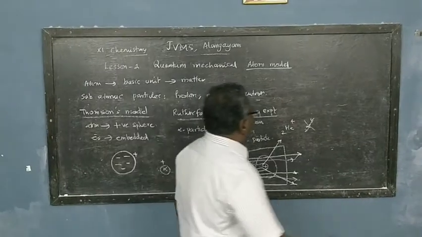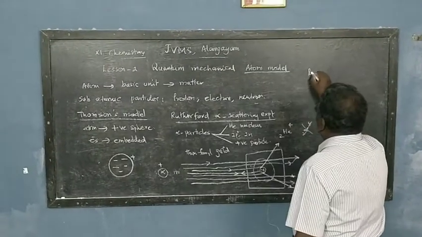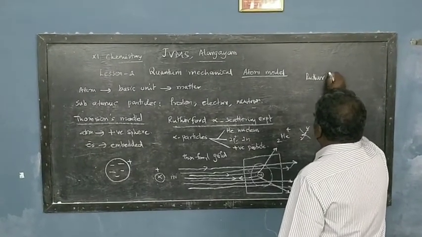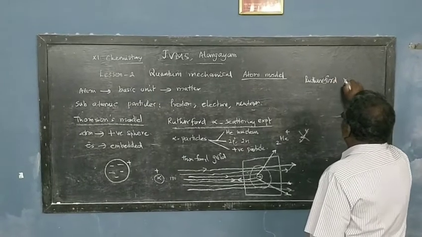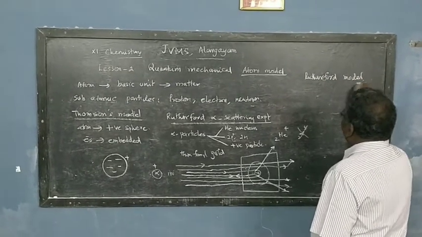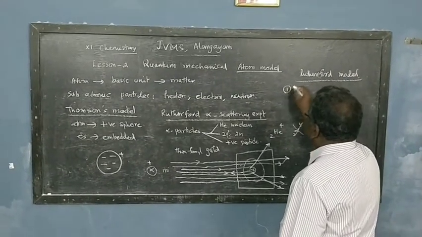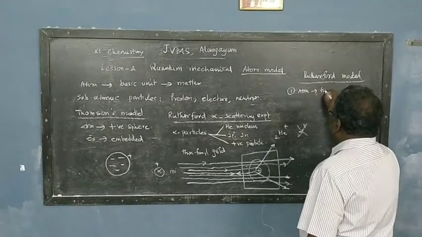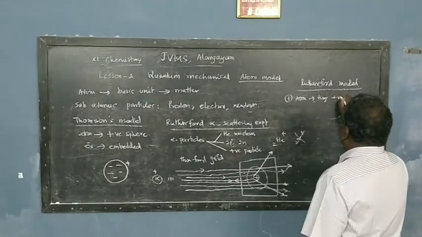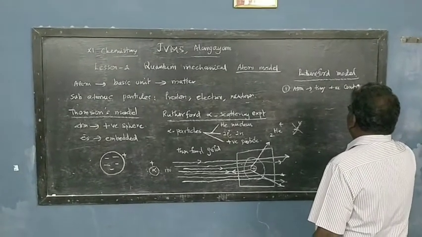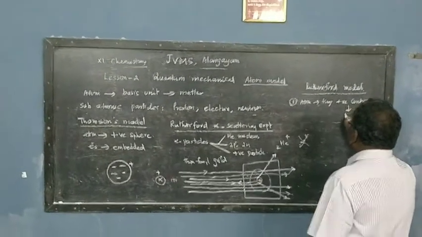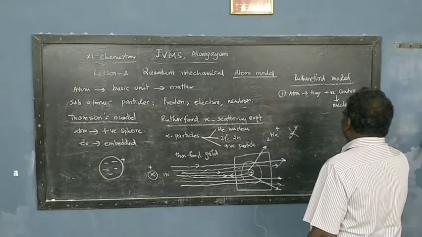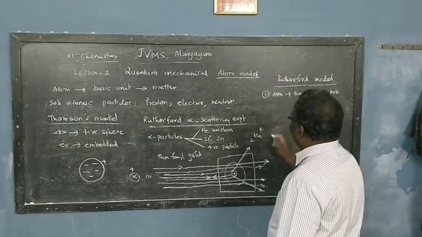So according to Rutherford model, there are two things, right? Rutherford model, first one is atom has got a tiny positive center which is called nucleus.